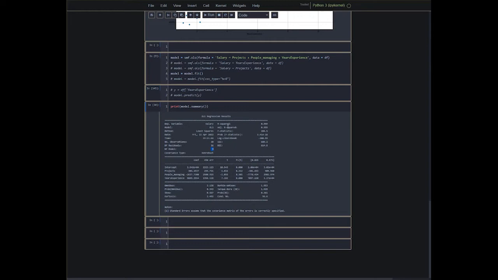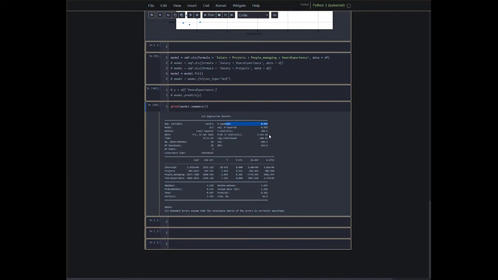On the right side, we have r squared, which is often called the coefficient of determination. It actually explains how much of the variation in our dependent variable can be explained by the independent variables that we choose.